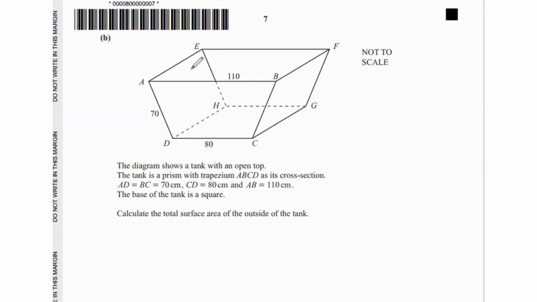So the base of the tank is a square, so let's find the area of the base. That's going to be 80 times 80, which is 6,400 centimeters squared.